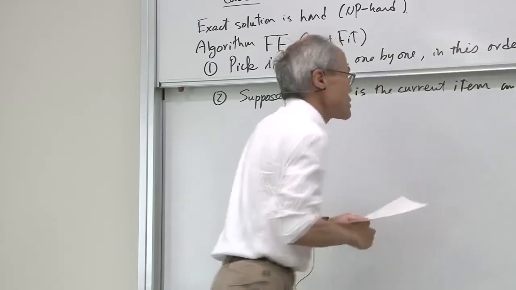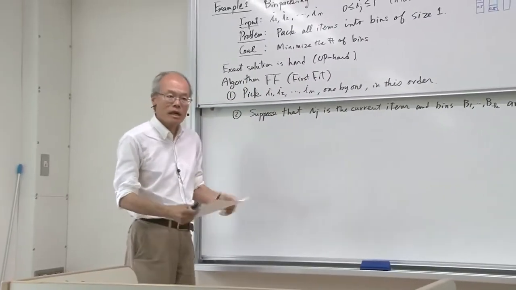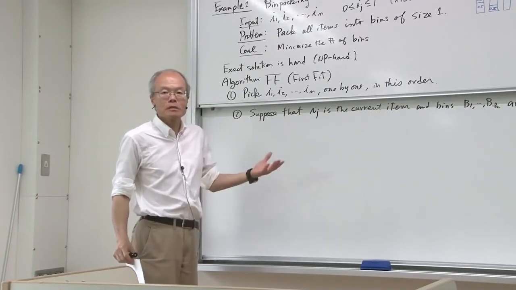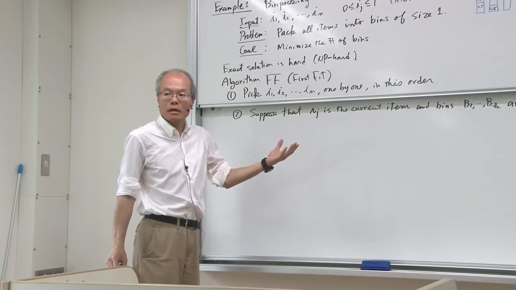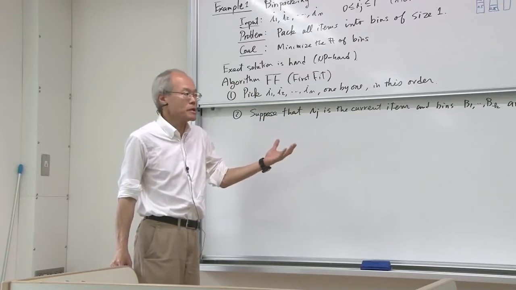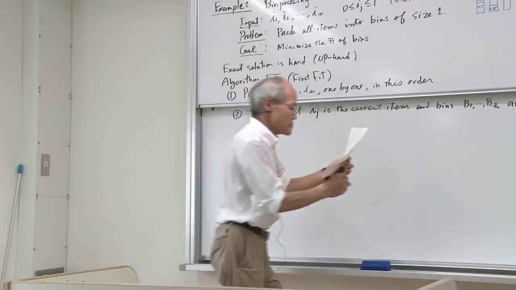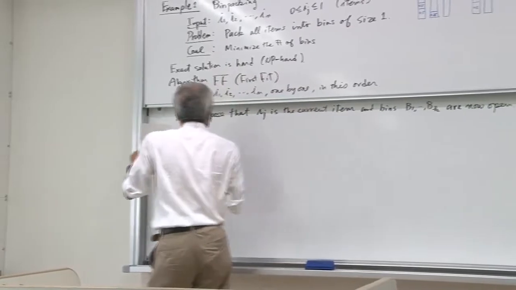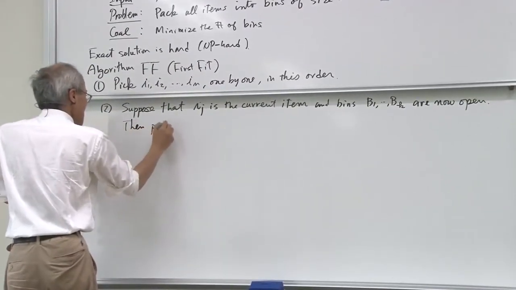And also suppose that we have k bins. We have now k bins open. Open means we are already using those bins, B1 through BK.